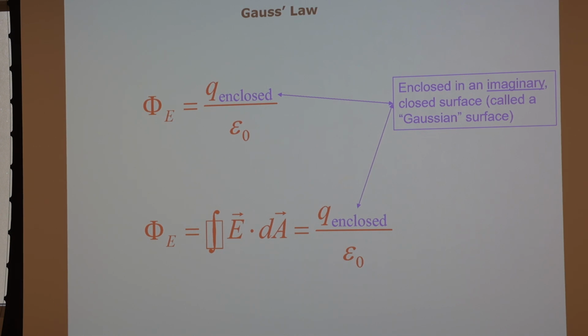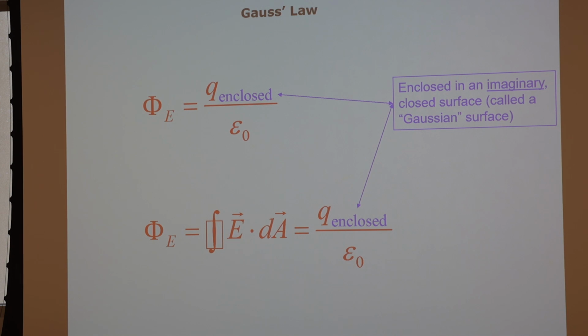Now the important thing, which is kind of interesting also, it says Q enclosed. Well, enclosed in what? Well, here. The charge is enclosed in an imaginary, i.e. fake, closed surface. It's called a Gaussian surface because it's Gauss's law. Now that seems kind of weird, right? But that's how it is.